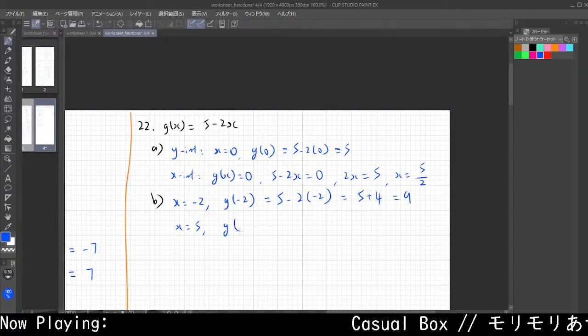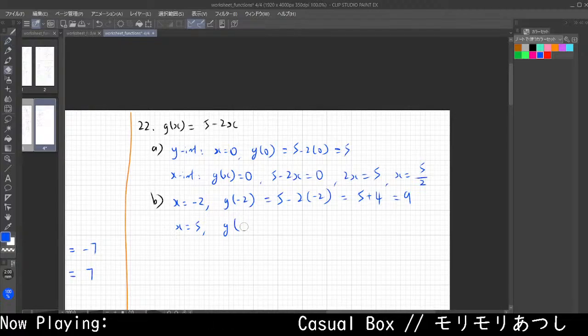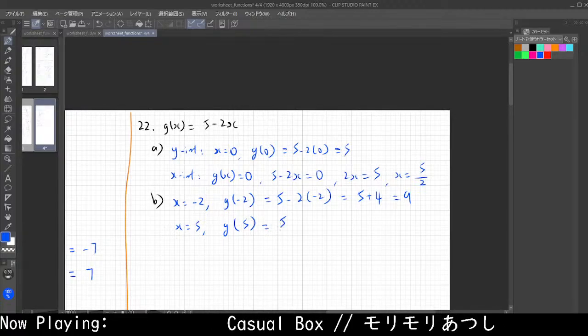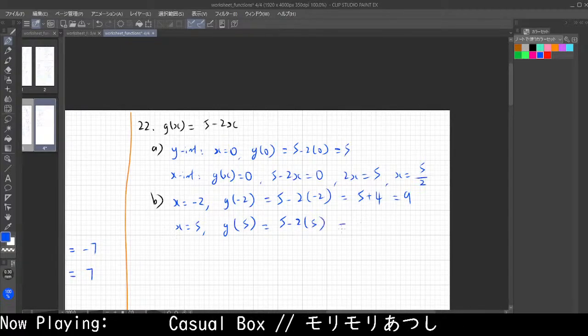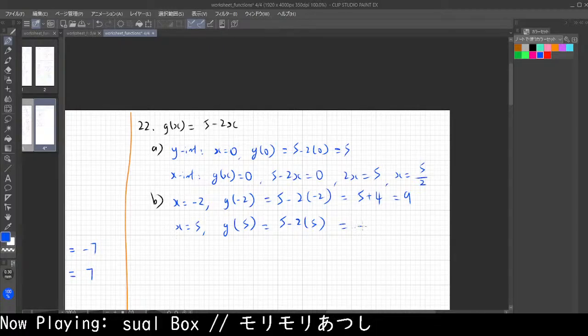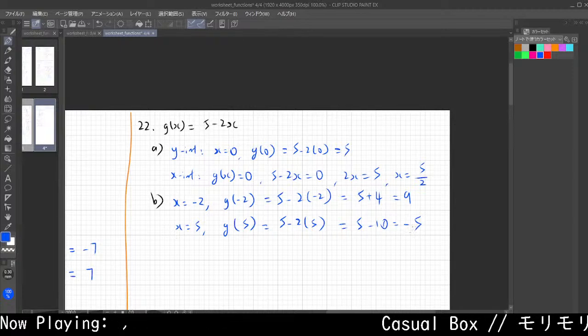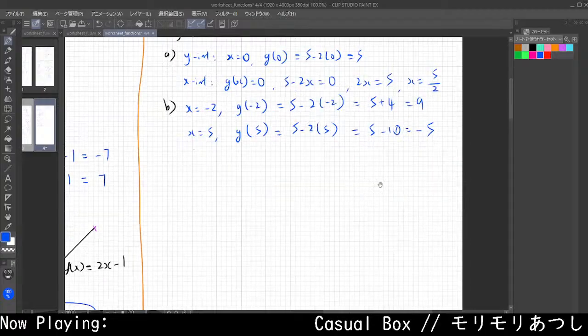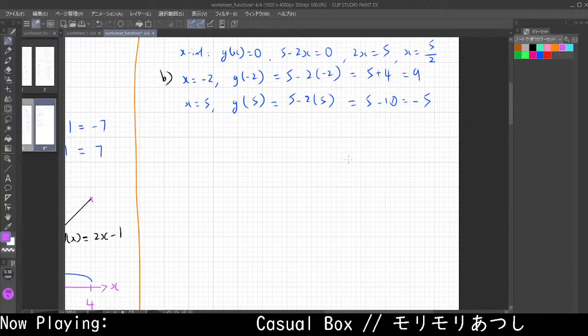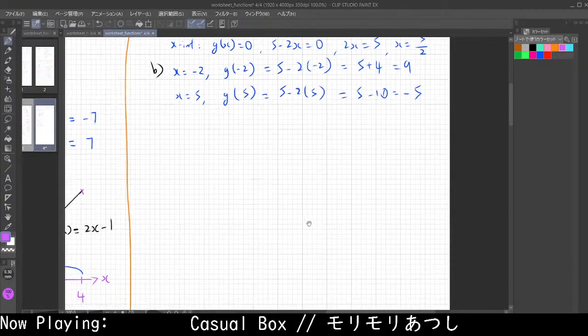Then find the starting point and end point.